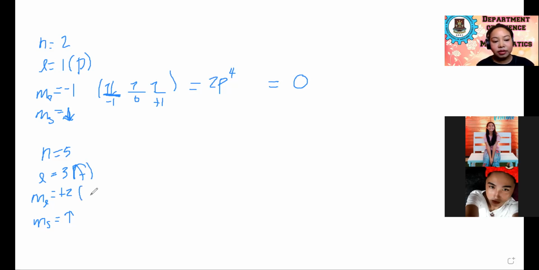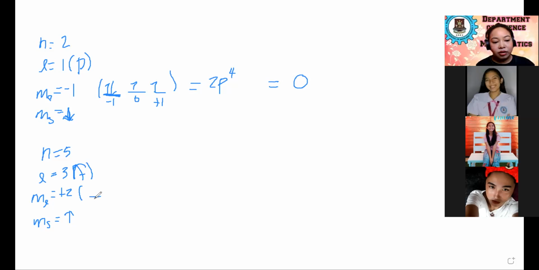We have 7: negative 3, negative 2, negative 1, 0, then positive 1, positive 2, positive 3.